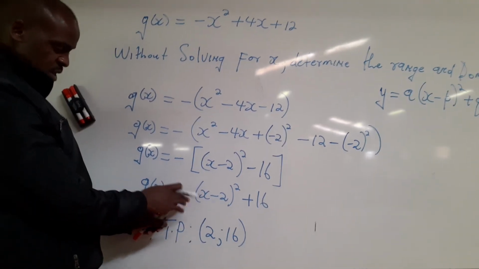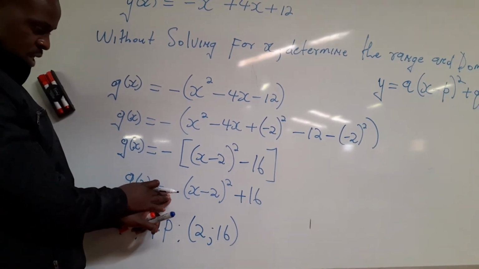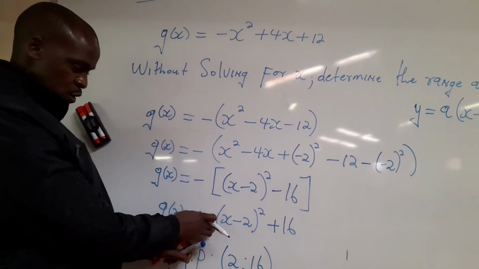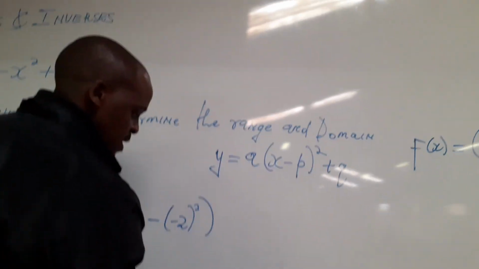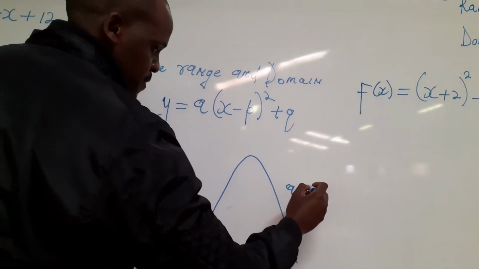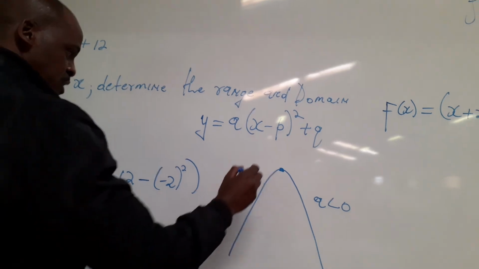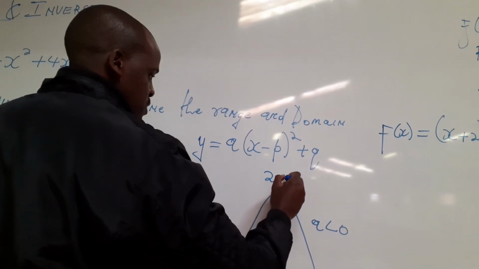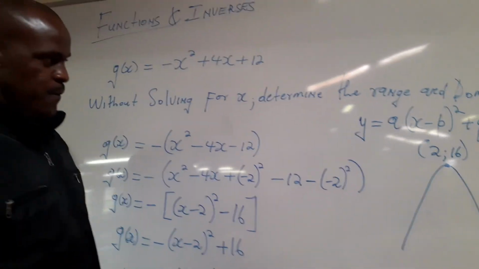Remember, this graph has a maximum value since the value of a is negative. Therefore, it has a maximum value. Our turning point is given by 2, 16.